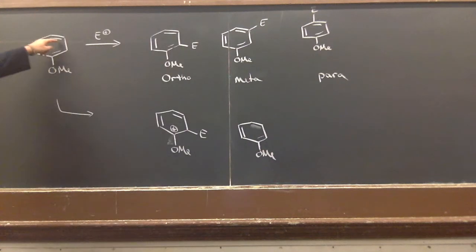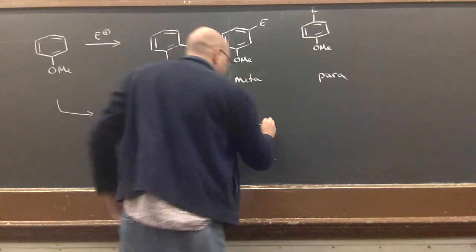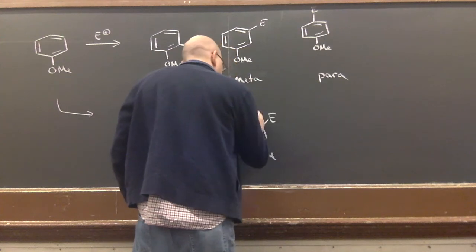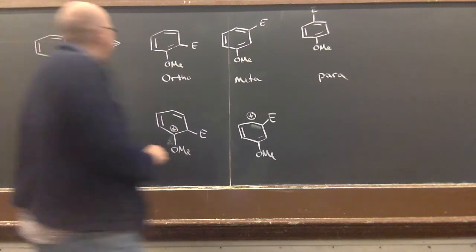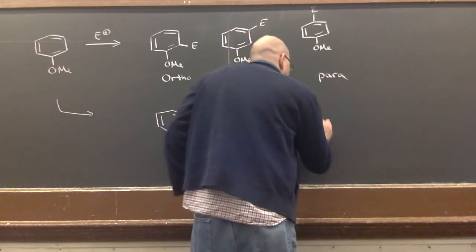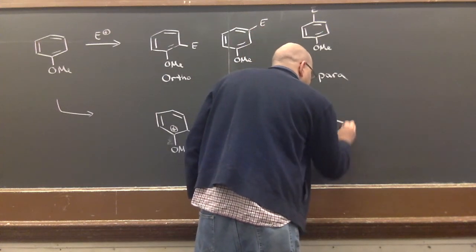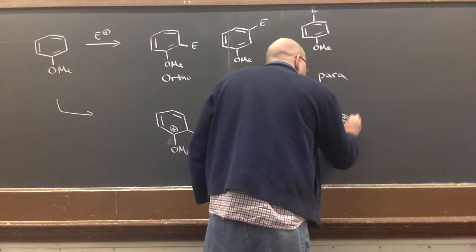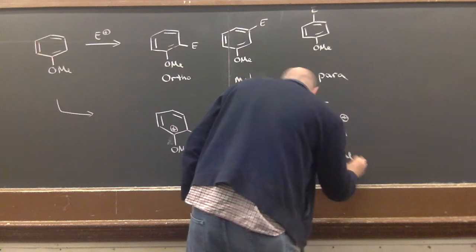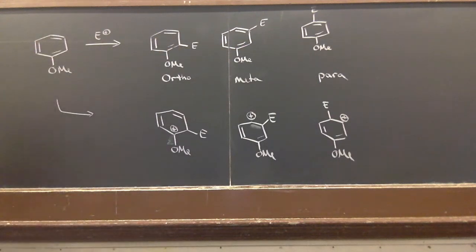If we reacted at this carbon here, we leave behind a carbocation there. And if we reacted on this alkene within that system, we'd leave a carbocation here. These would reflect the first steps of electrophilic aromatic substitution.